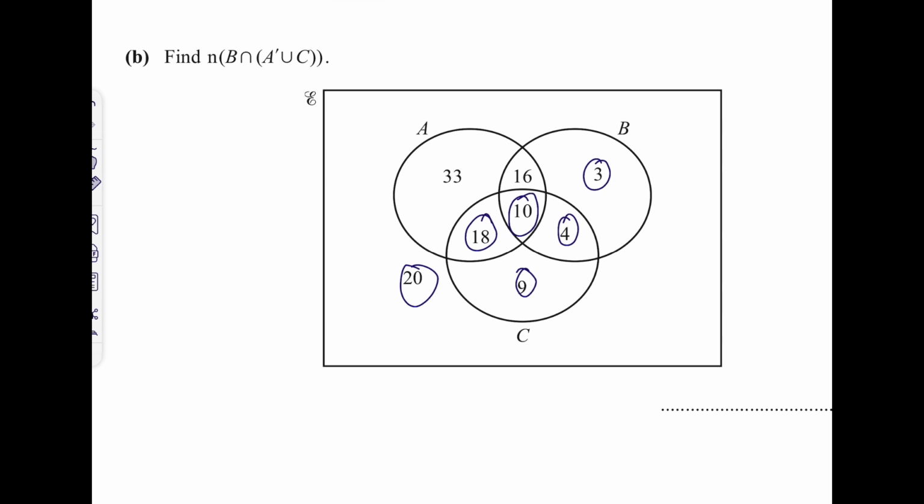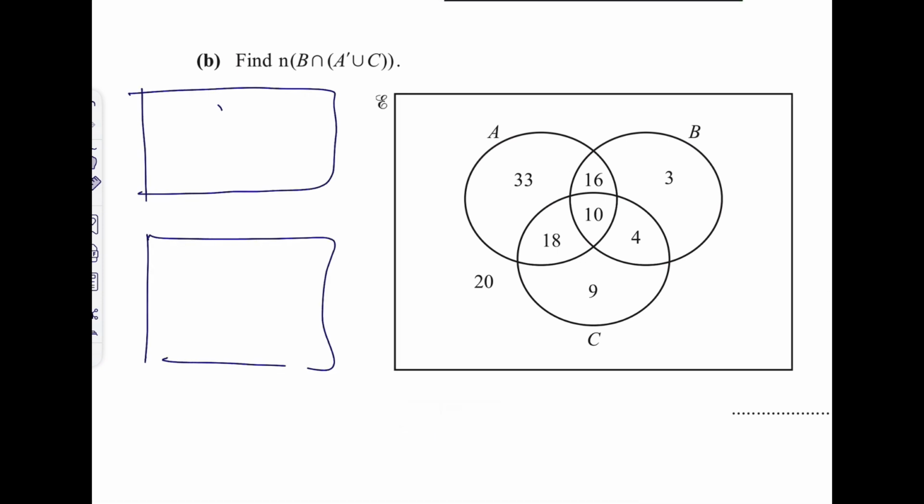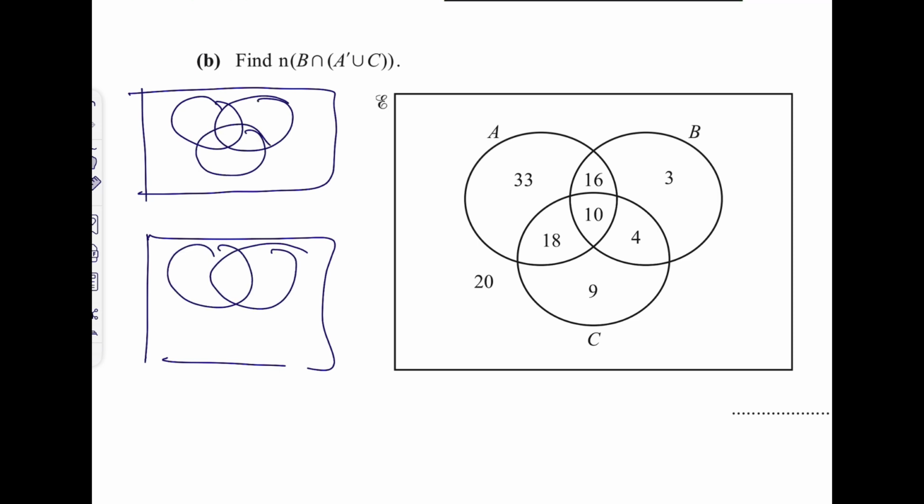Now find the number of elements in B intersection. What is the region A complement union C? For this one also I would recommend that you shade. Shading would actually be better in this case. Just take a small one. 1, 2 and 3.